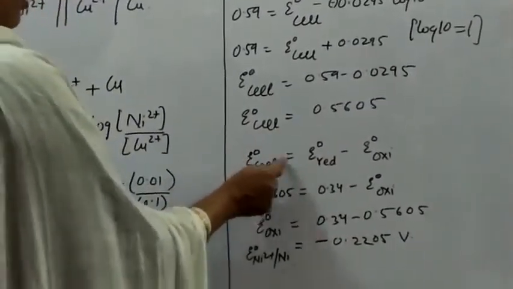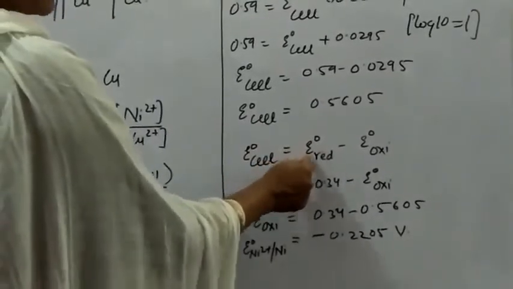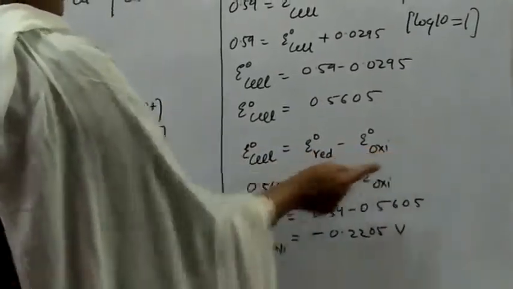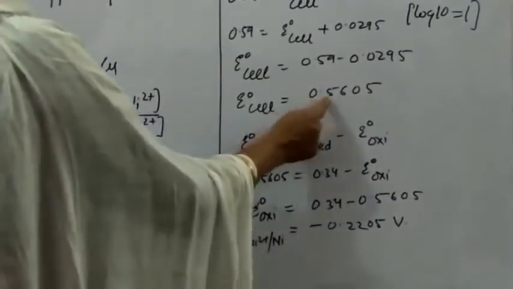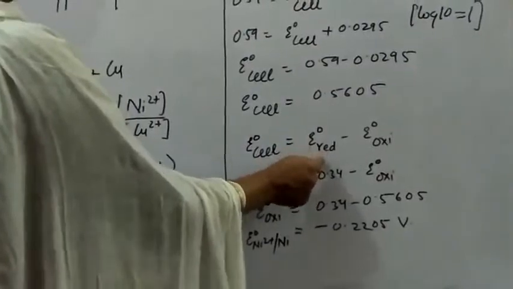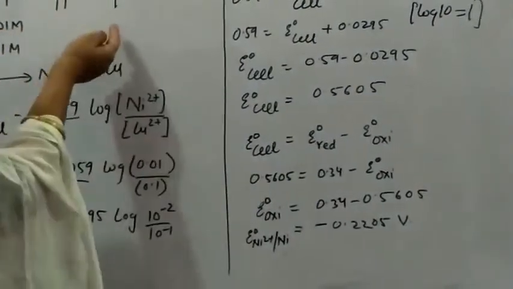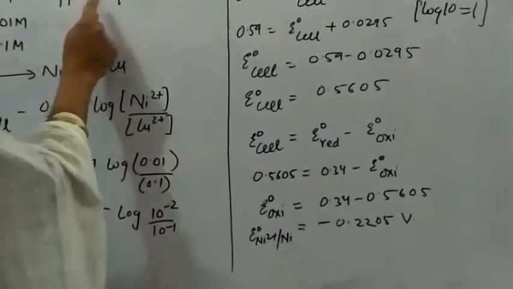Now, what is the formula for the standard EMF of the cell? It is E naught reduced minus E naught oxidized. Now, the E naught cell value we have calculated here. We are writing it as equal to E naught reduced. Now, in this cell representation, it is the copper electrode which is undergoing the reduction.